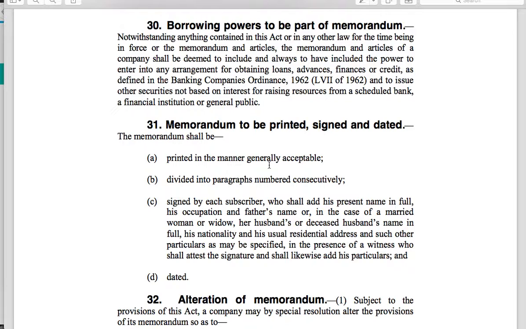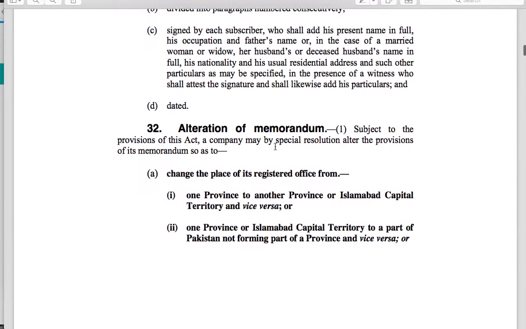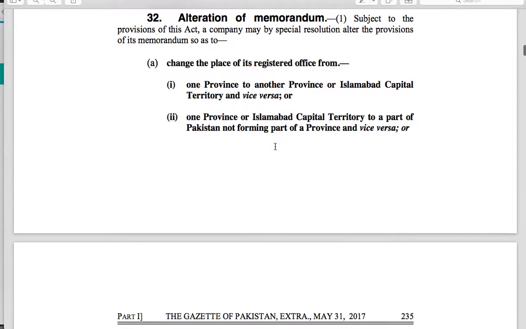Now, even if you don't mention it, your company will have borrowing powers, and this requirement has now been outdated because everything will be digital, even your incorporation certificate and all the documents very soon in the future you'll get in a digital form. So maybe this is a superfluous requirement right now.